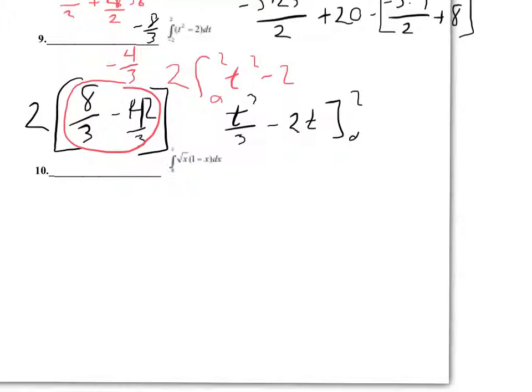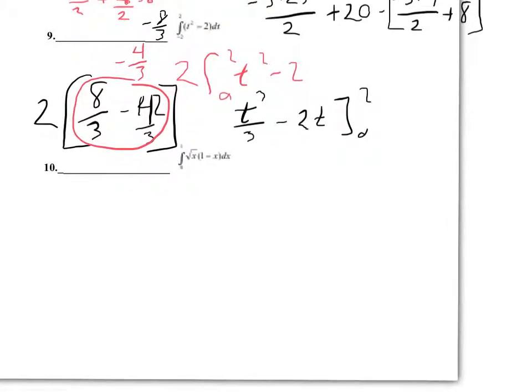Okay, so I do have two things multiplied together, but I can just multiply the x to the 1/2 through, so I should end up with the integral from 0 to 1 of x to the 1/2 minus x to the 3/2 dx.